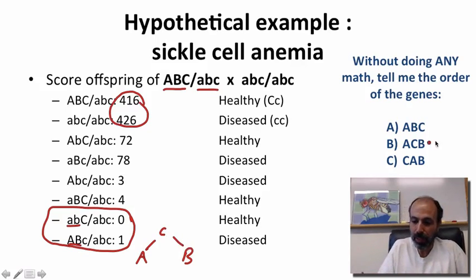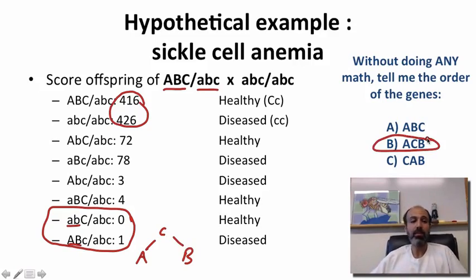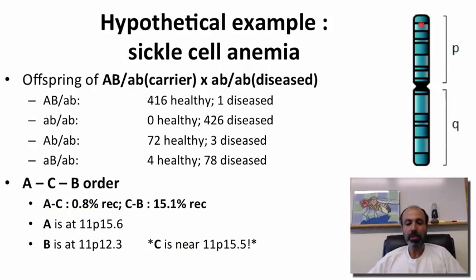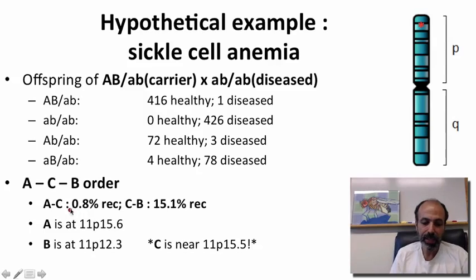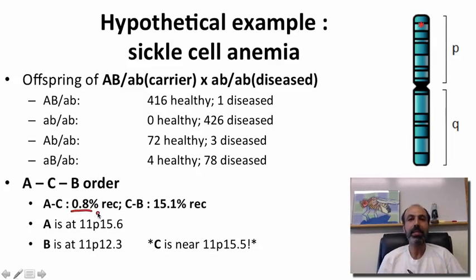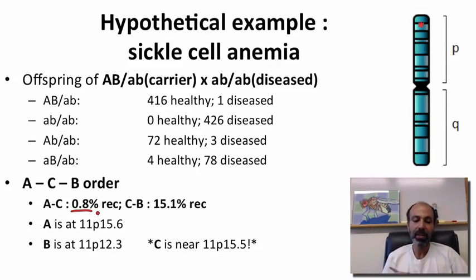So the order must be A, C, B. So C is, in fact, in the middle. Now, what we could do from those numbers you saw, and you can do this for practice if you want, you can go back and actually calculate the recombination fractions. The recombination fraction between A and C is only 0.8 centimorgans, or if you calculate it directly, it's 0.008.